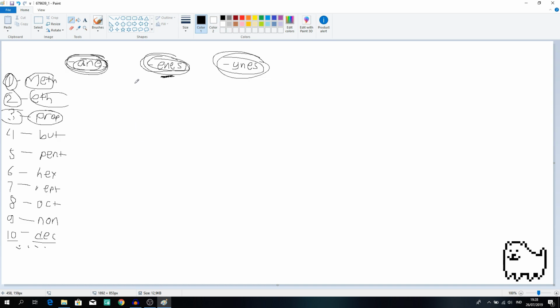So I guess you can name everything in this box, probably. It's pretty self-explanatory, this table. If I ask you to draw heptene, it's just 7 carbons, 1 double bond.